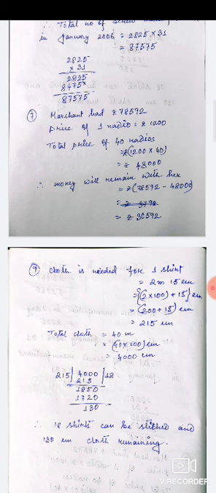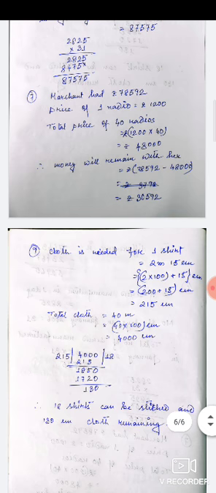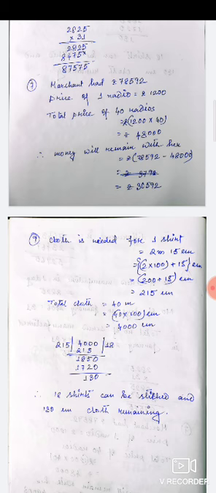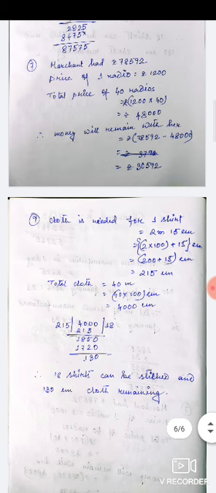Okay, so the merchant had rupees 78,592, the price of one radio is rupees 1200, and the total price of 40 radios is rupees 1200 into 40. Since the price of one radio is rupees 1200, we get the price of 40 radios by multiplying. So 1200 into 40 we get 48,000.